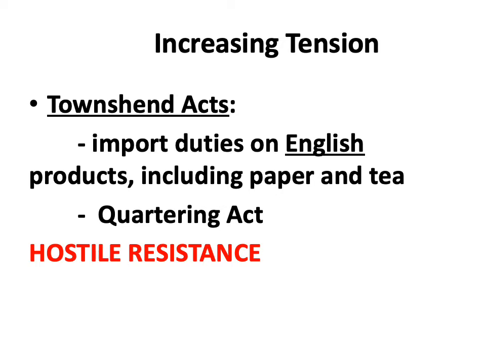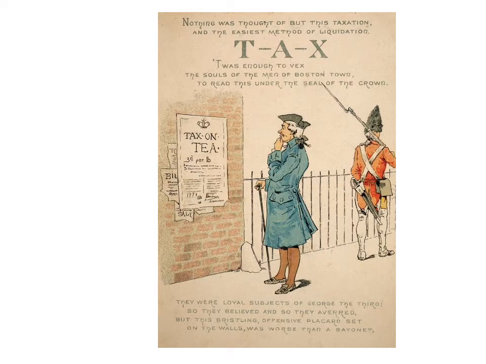Now, no longer are we talking about French rum or molasses, but English products, and this included paper and tea. They also passed another quartering act because the British were sending over more soldiers and more customs officials to enforce the application of this law in the ports. This led to much hostile resistance.